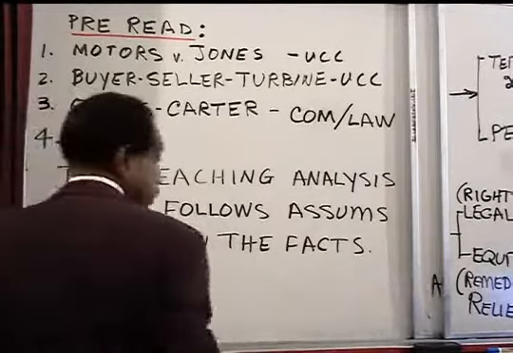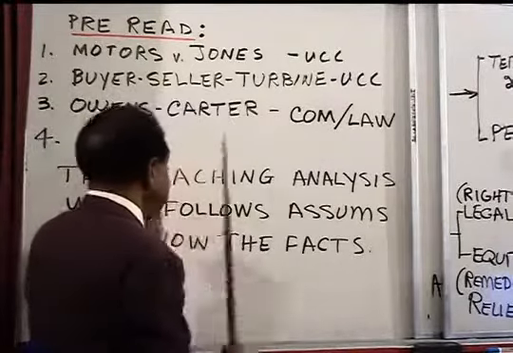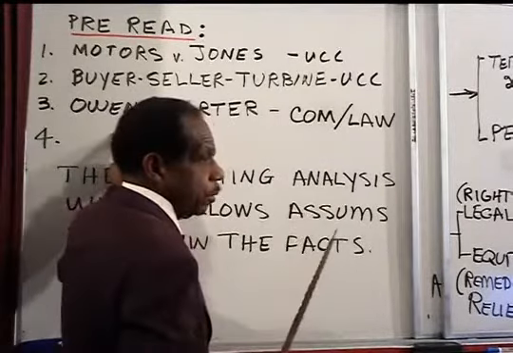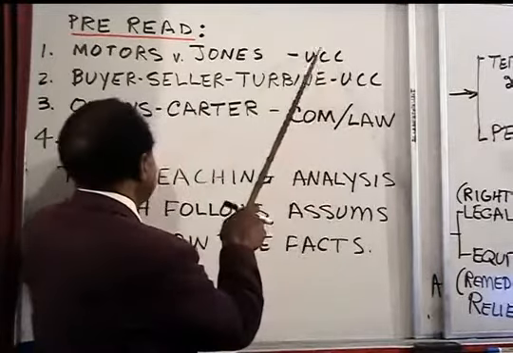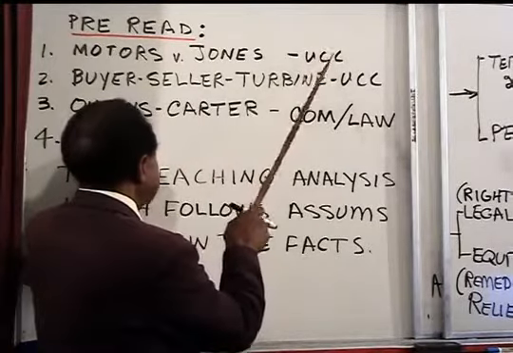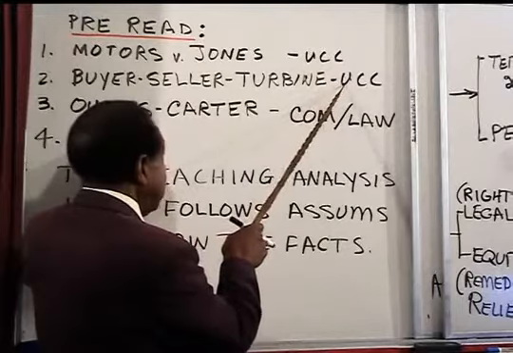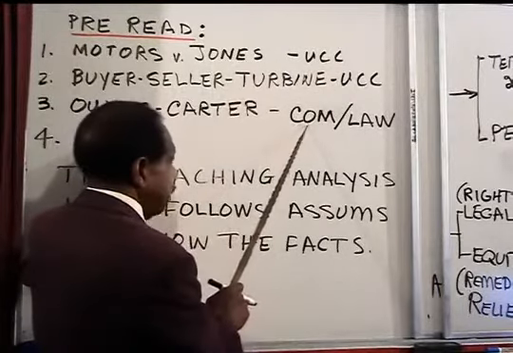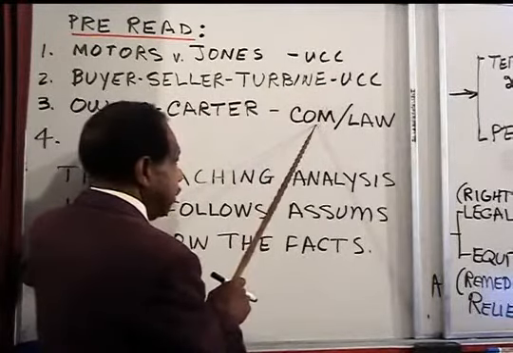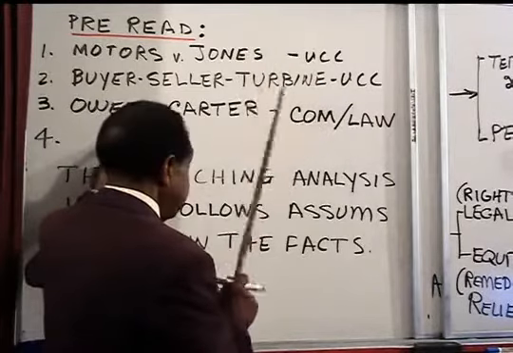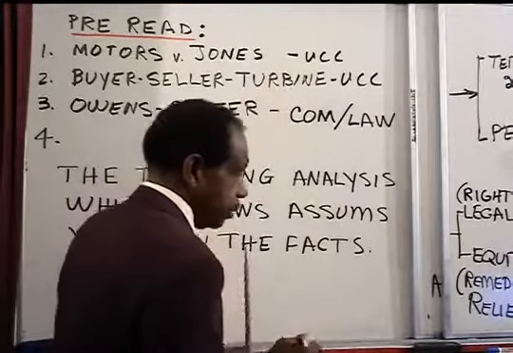Please get it out because I want you to see it. The reason I'm going to do the fourth problem is that it's also a UCC problem. The first two, Modas versus Jones and buyer-seller turbine, were both UCC problems. The Owens versus Carter is a common law problem. I'll do that in just a minute to show the structure, but I want to do one more UCC problem so you can see the structure.